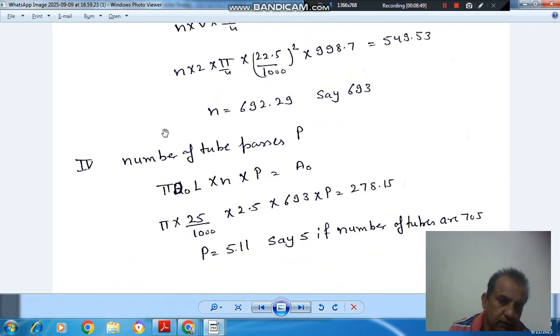N we have calculated as 693. L should not exceed 2.5 meters. d naught is 25 mm. So P we can calculate, that is 5.11, because number of passes should be an integer, either 5 or 6. So it is 5.